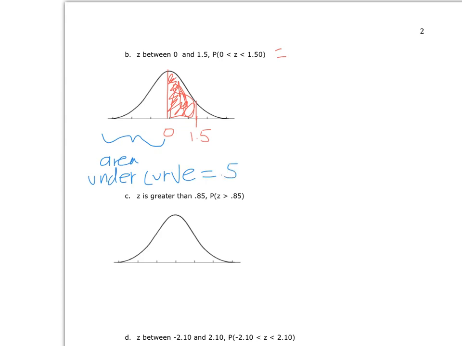We found that the probability that z is less than 1.5, in the previous one, was 0.9332. So now we don't want the area to the left of 0, so we can subtract that off. We subtract that 0.5 and we get a probability of 0.4332.